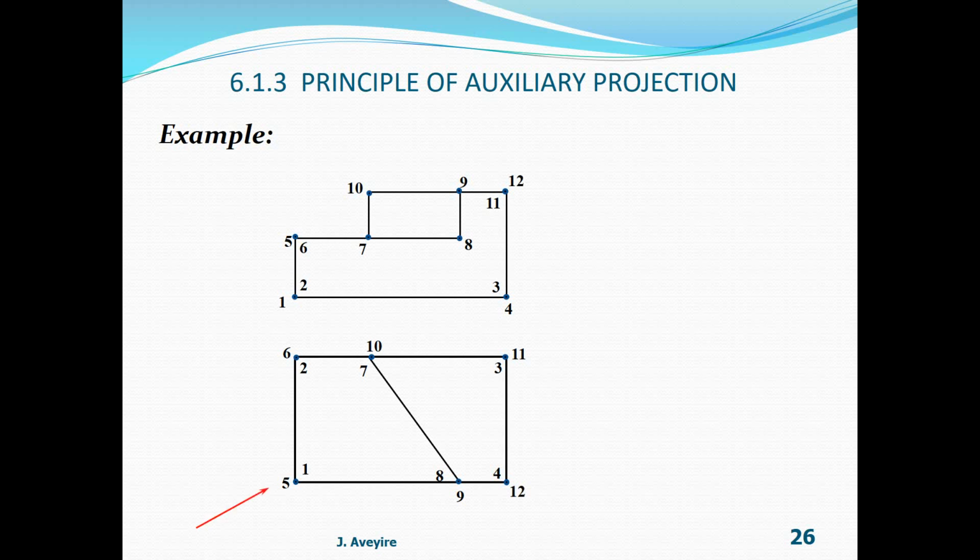Now let's see, we have our arrow direction inclined. Since this arrow direction is inclined, it means it's an auxiliary projector AP. And by the principle or steps involved, we have chosen the plan as to project.